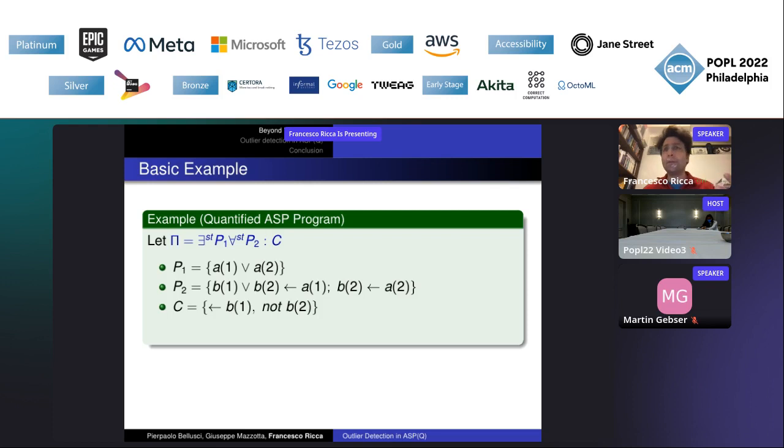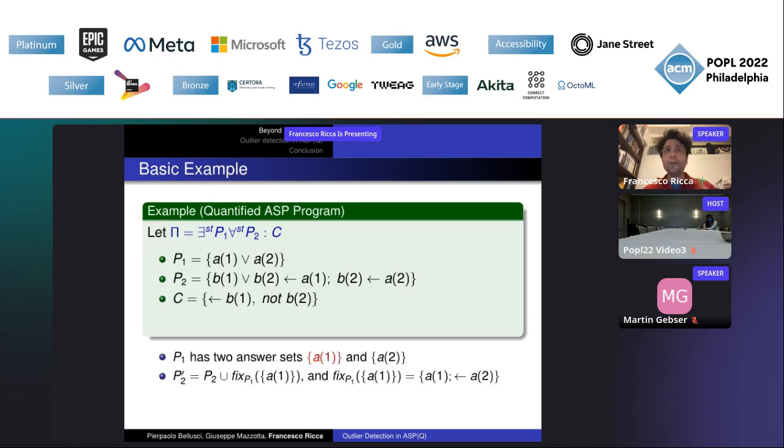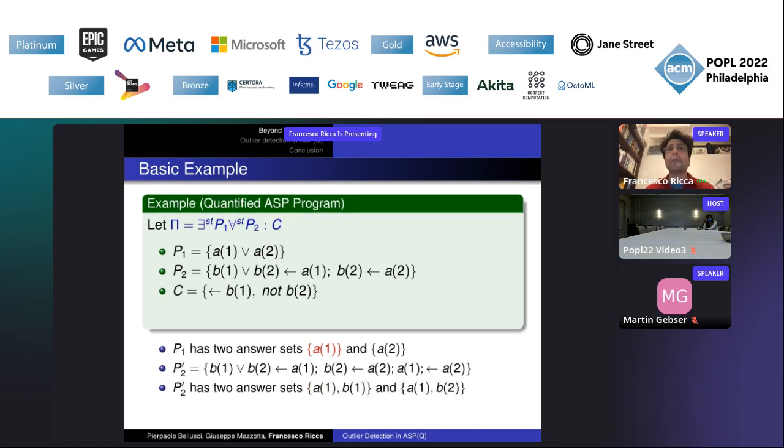So the first program has two answer sets. Let's fix one. Then we add it to program P2, and we check whether for all answer sets of P2, and in this case we have two answer sets, A1B1 and A1B2, constraint C is satisfied.